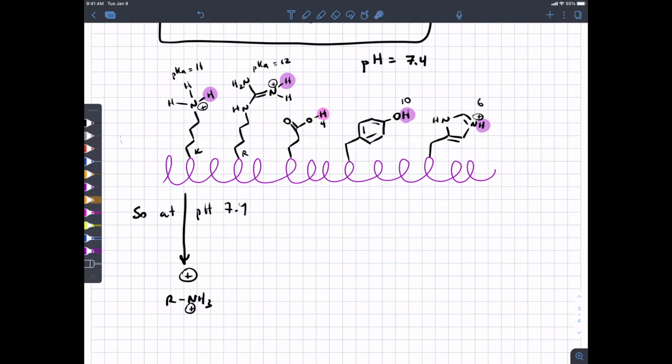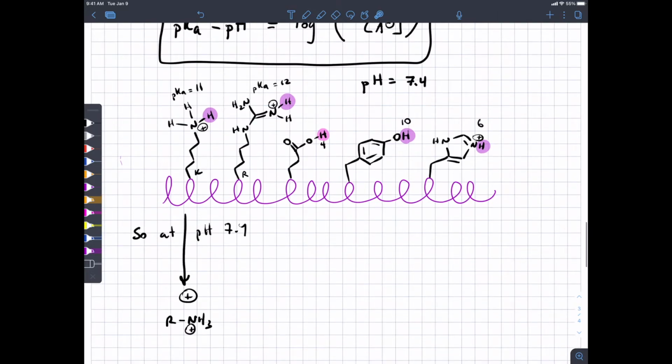A positively charged amino acid can interact favorably with a negatively charged amino acid, and that really does affect protein folding and structure. So if you're looking at a protein sequence and you see lysine, right away you should be thinking charged, positively charged at physiological pH.